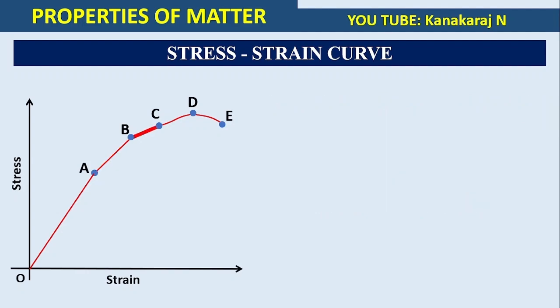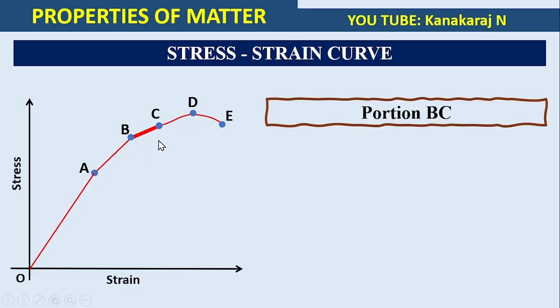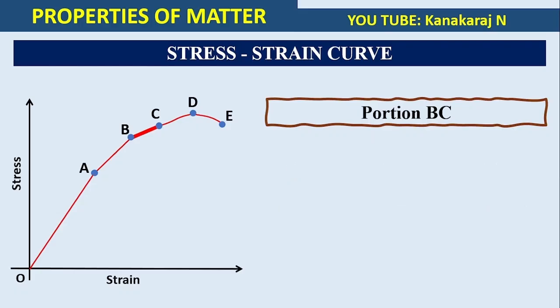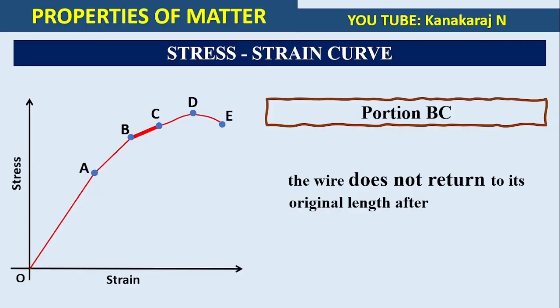Let us now consider the next portion BC. This occurs when the wire is stretched beyond the point B, beyond the elastic limit. The wire does not return to its original length after removing the force. Suppose we consider a point between B and C. Then we remove the stress completely or step by step.